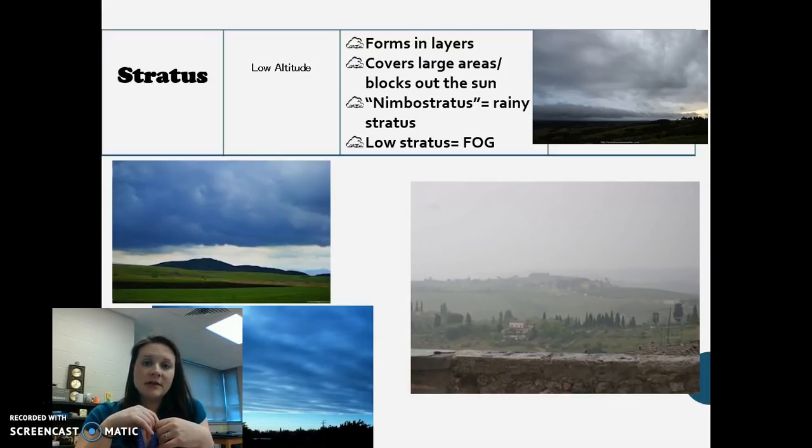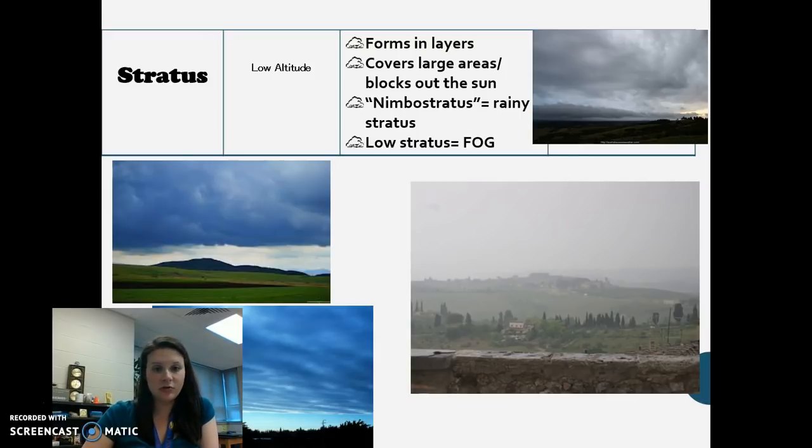You'll also need to know that a stratus cloud, if it is raining, we call it a nimbostratus. Nimbo is a prefix that always means rain or precipitation. And this is going to be the rain where it just, again, kind of rains all day long.